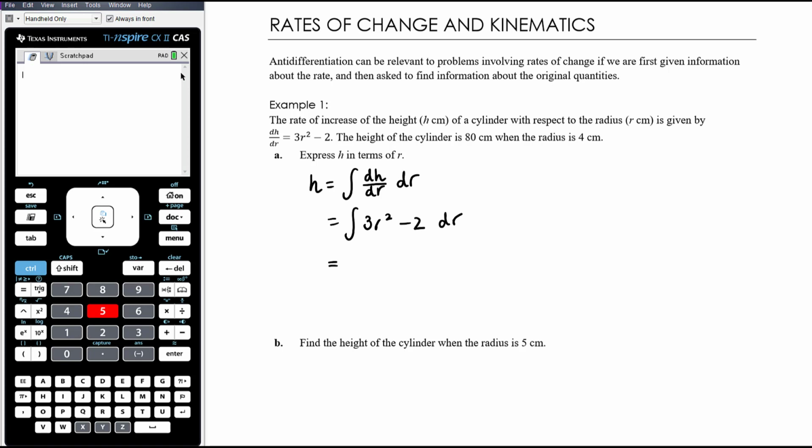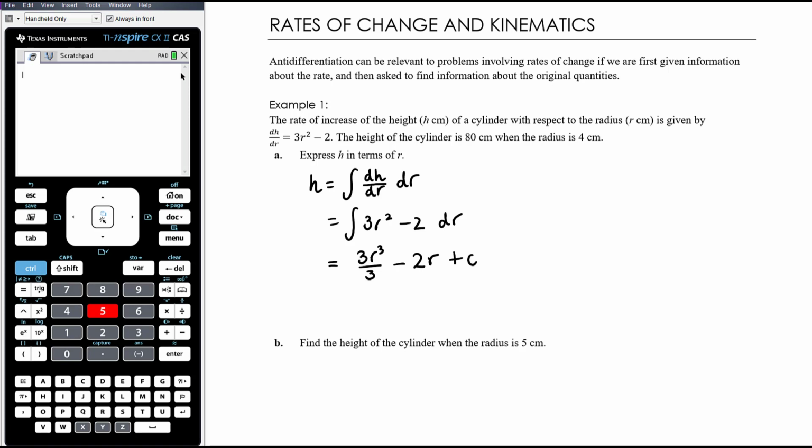Alright, antiderivative of 3r squared is 3r cubed on 3, so adding 1 to the power, dividing by that power, minus antiderivative of 2 becomes, now not 2x, careful because you're with respect to r, so it becomes 2r, and then plus c.